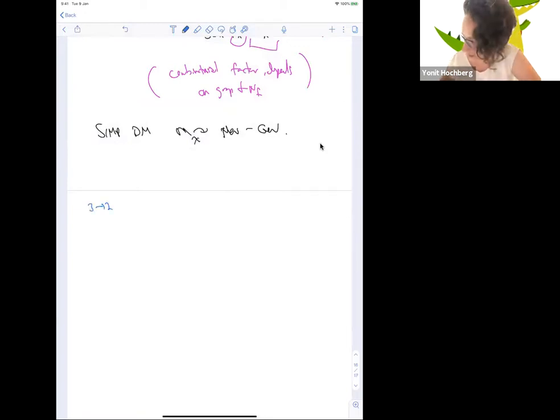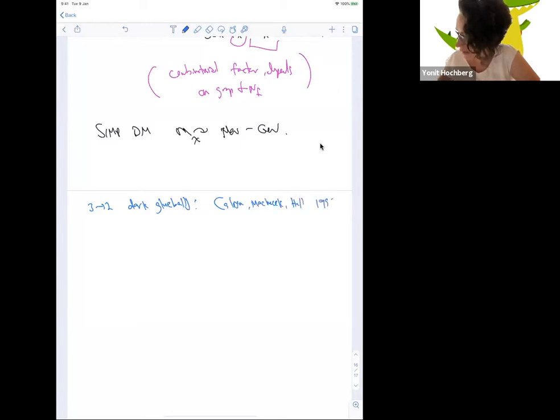So, for instance, if you wanted to do 3 to 2 through dark glue balls, there are a few. So one way is, of course, this first paper, which is Carlson, Machacek, and Hall, this 1992 paper, the cannibalization paper. Then there's a paper by Soni and by Zhang from 2016 that looks at 3 to 2 glue balls.